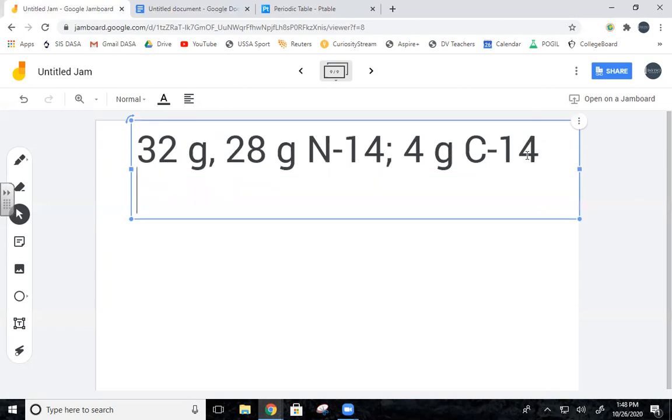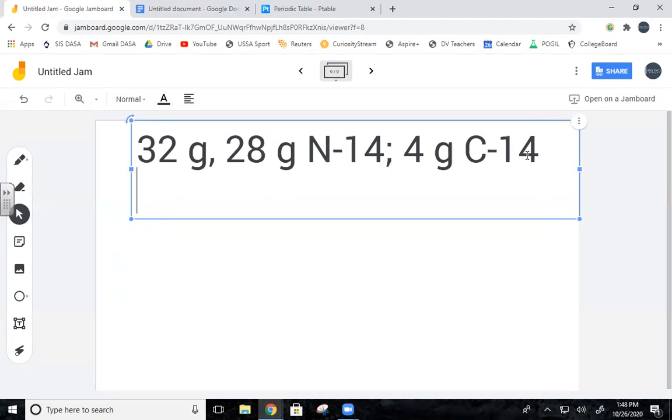So how are we going to do this, y'all? We need to figure out how many half-lives it's been through.